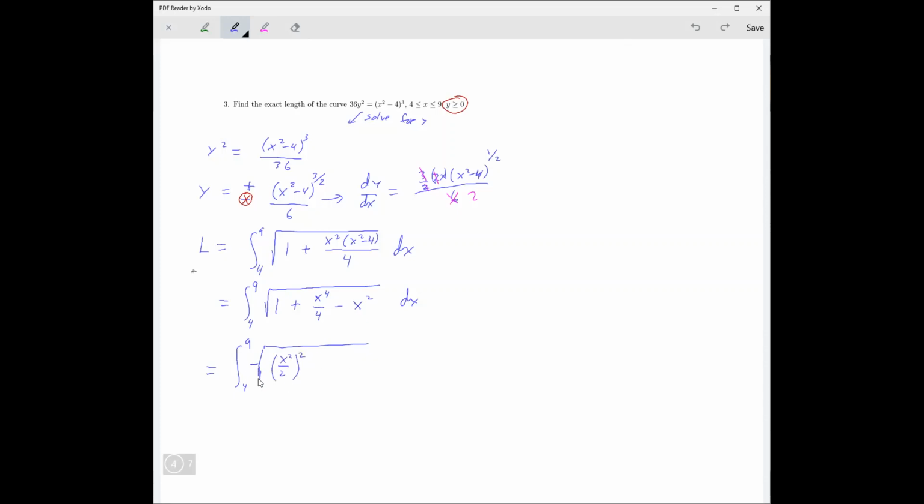Maybe you see a little bit better about what happens next. Then you have this middle term, minus x squared, and then you have this plus 1 on the end. Does anybody recognize what this is? What's inside the square root?